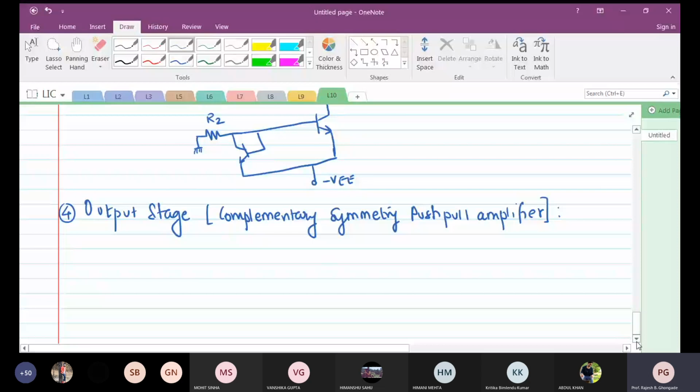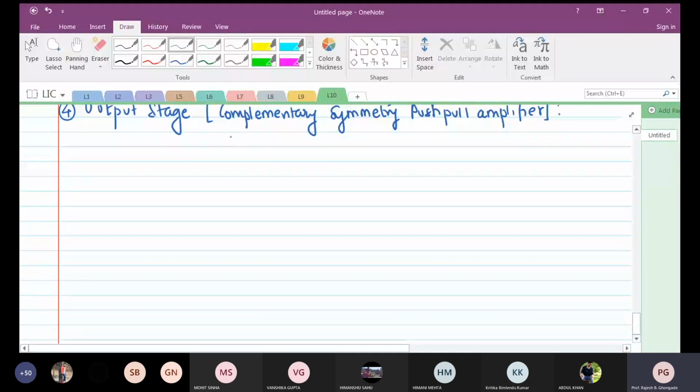so the basic idea of a complementary symmetry push-pull amplifier is like this. This will be your VCC.